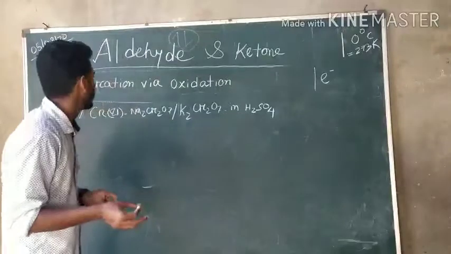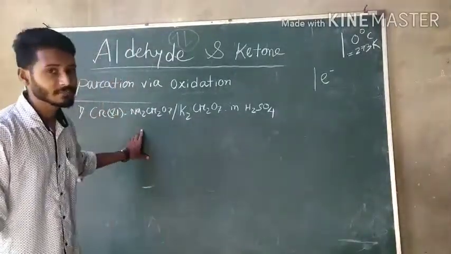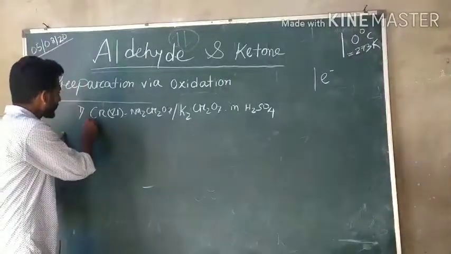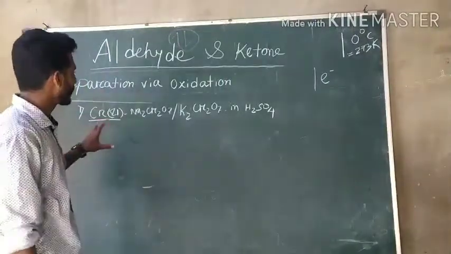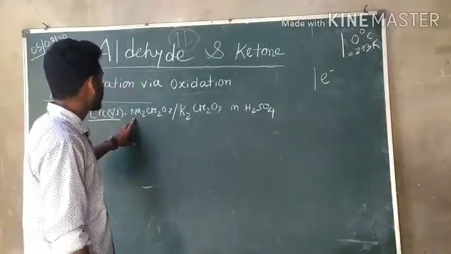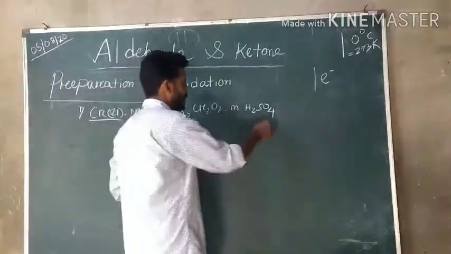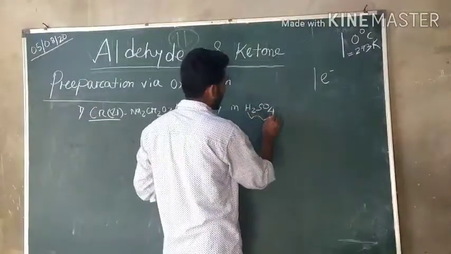Now we will start the oxidation methods. First of all, we will start by using chromium in the 6 oxidation state, where we are using the reagent sodium dichromate or potassium dichromate in sulfuric acid.